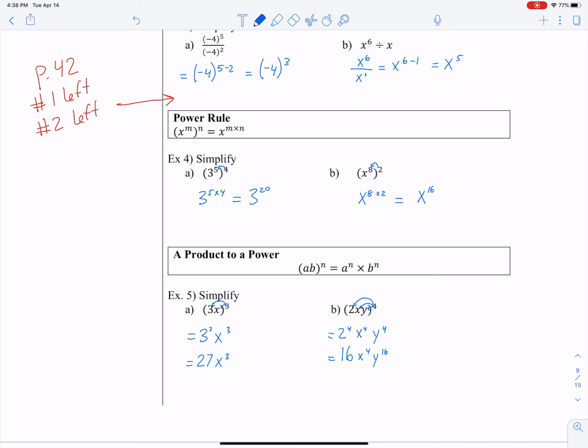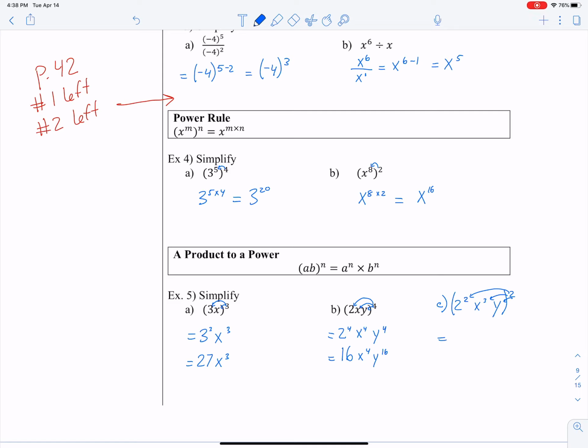And I'm just going to do one further example, C. Let's say you have bases that already have their own exponents. So we're combining this and this. I just want to show you an example. So let's say you had 2 to the 2, x to the 3, and y. And let's say that was to the 2. Okay, so what you would do here is the 2 multiplies here, here, and here.